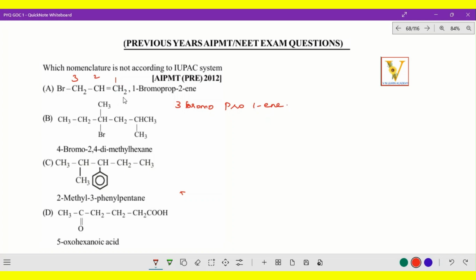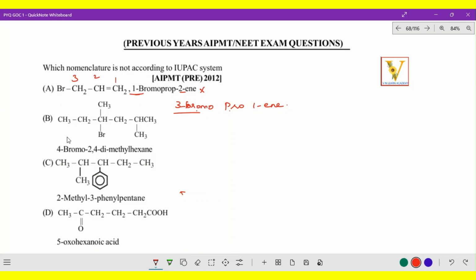In the given name, 1 bromo is mentioned, but actually it is 3 bromo. Numbering is very important, because the whole name changes with it. Bromo, prop, ene is correct, but the numbering is wrong. So the first one is not correct.